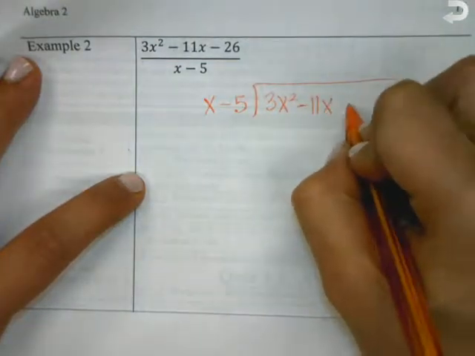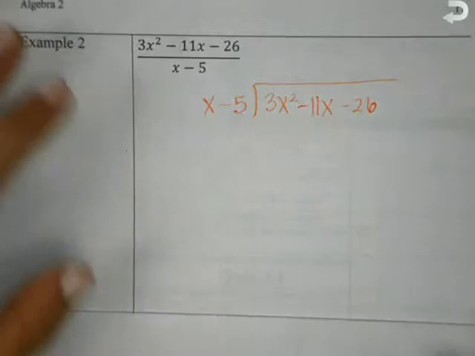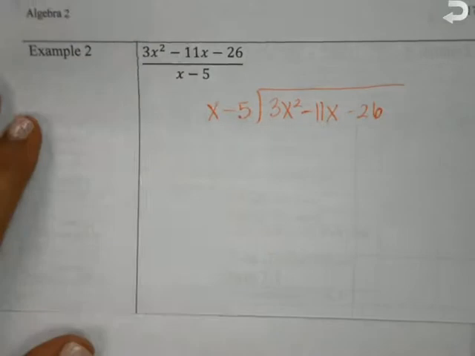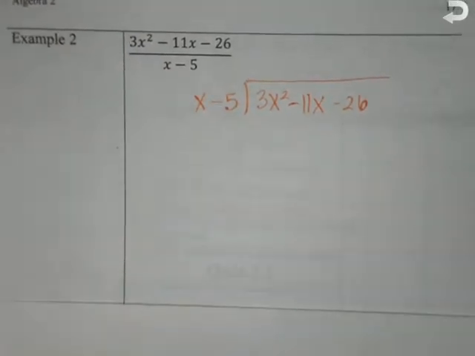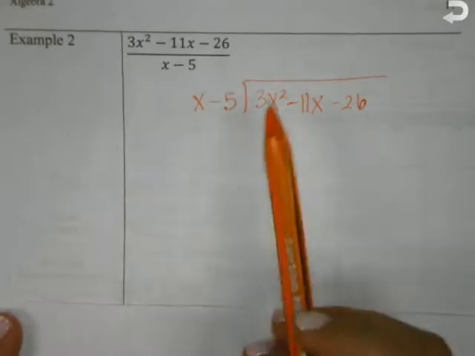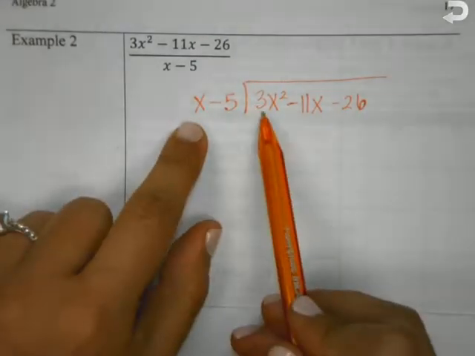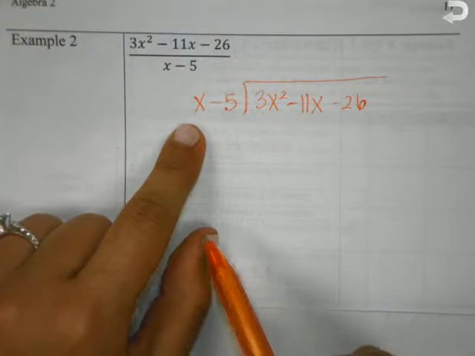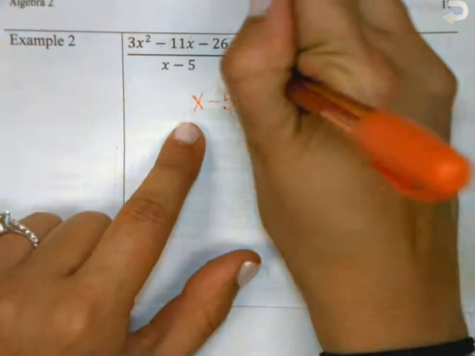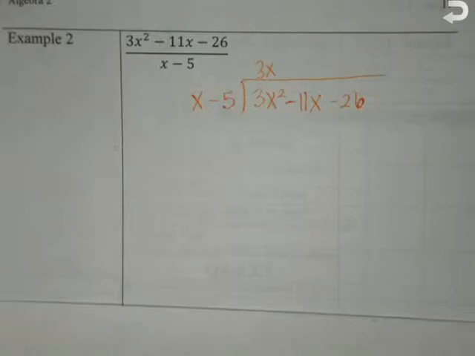Okay, so we're just going to be following the step by step again. So I'm looking at the first terms. x times what is going to give me 3x squared? x times 3x. Okay. So then I have to take that 3x and multiply it by the entire thing on the outside.